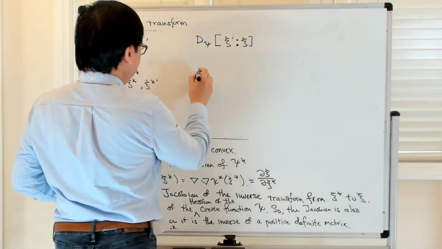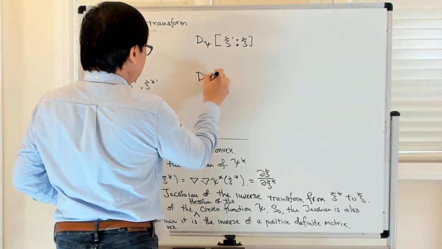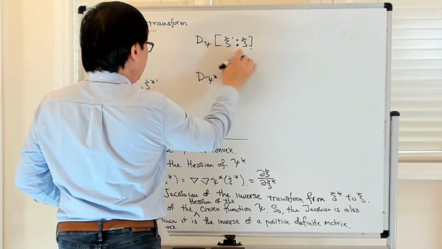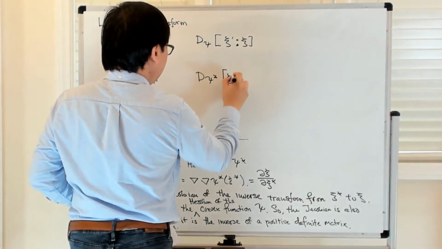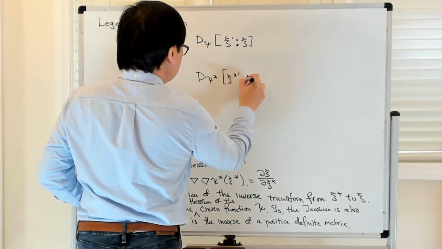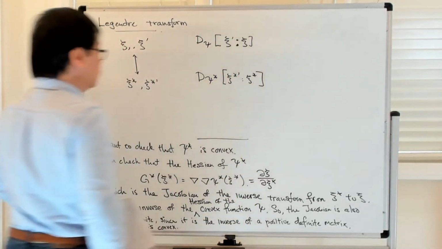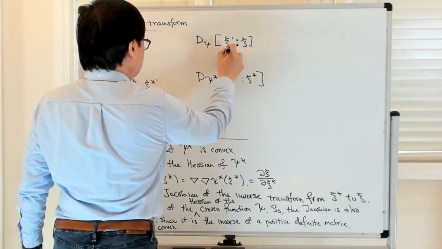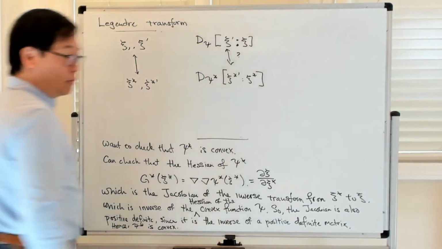So the natural question to ask is: is there some sort of relationship between something like this and something like this, where I've dualized everything? So that's the question.